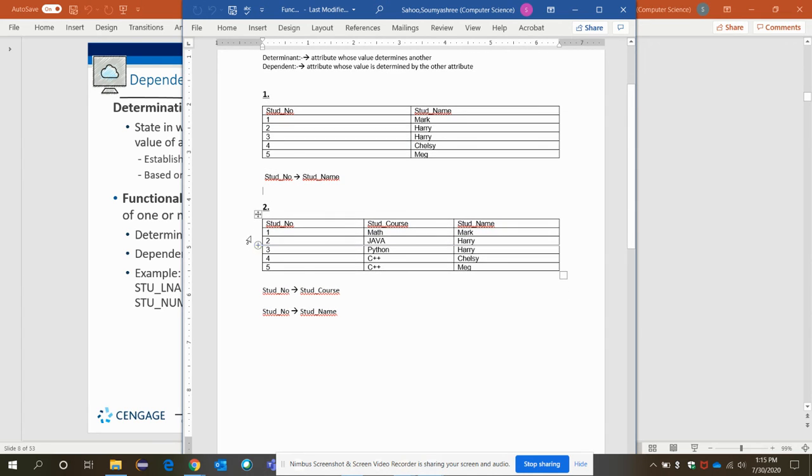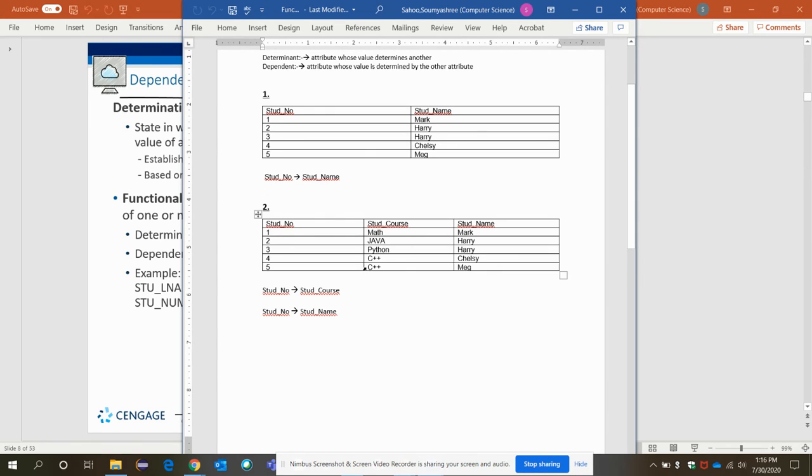Now let's take this example: student number, course, and name. All the student numbers are unique, but some courses are repeated and some names are repeated. So what is your key attribute, that is your determinant, and what are the dependents? Here you can say student number can uniquely identify student course.